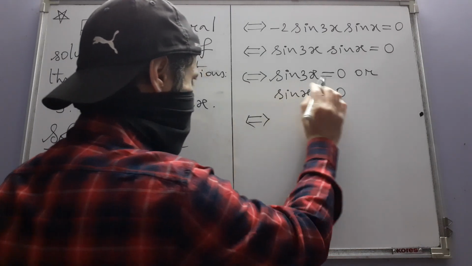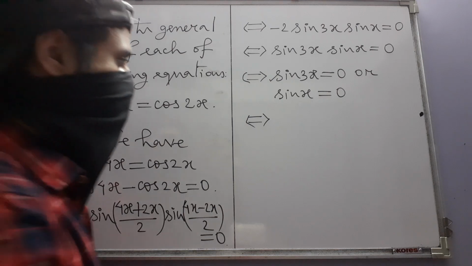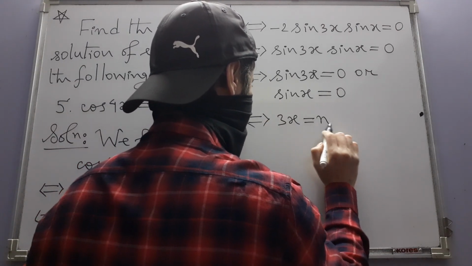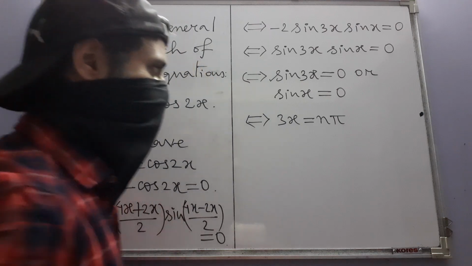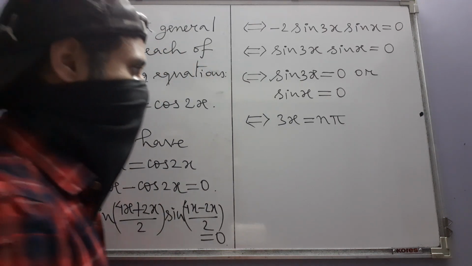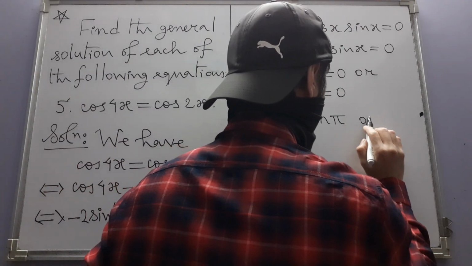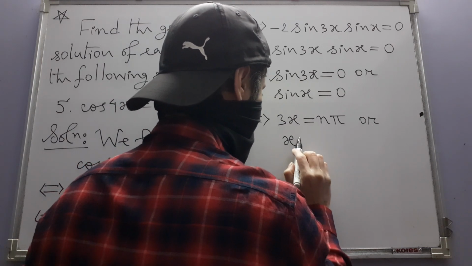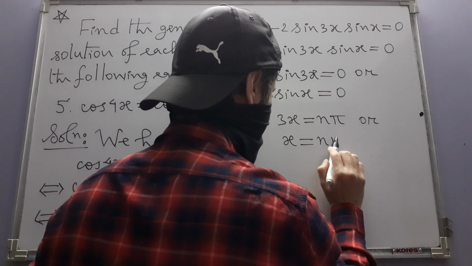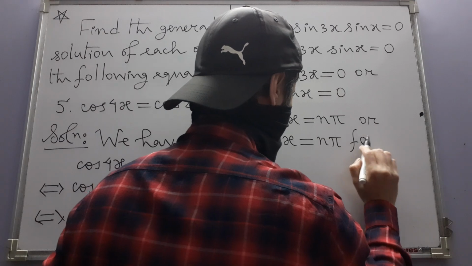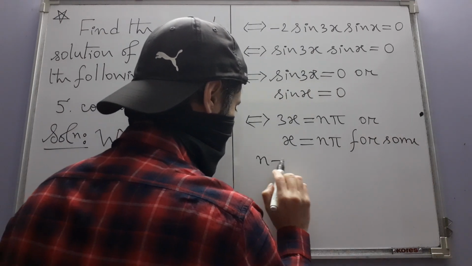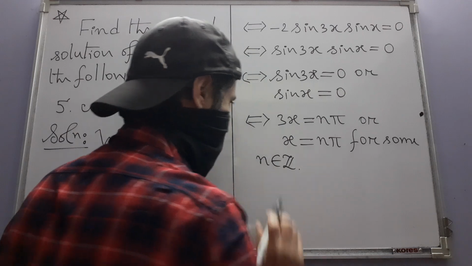And we know precisely when sin 3x is 0, namely when 3x is n pi for some integer n, or, and sin x of course is 0 if and only if x itself is n pi for some integer n.